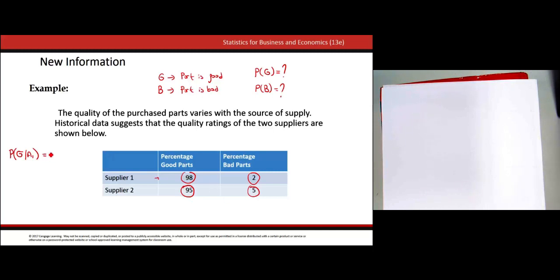So what is the probability that a part is good, given it comes from supplier 1? It is 0.98. What is the probability that a part is bad, given it comes from supplier 1? 0.02.